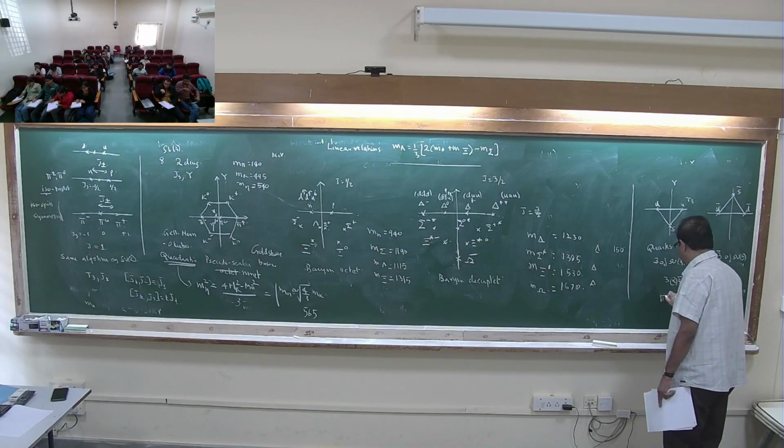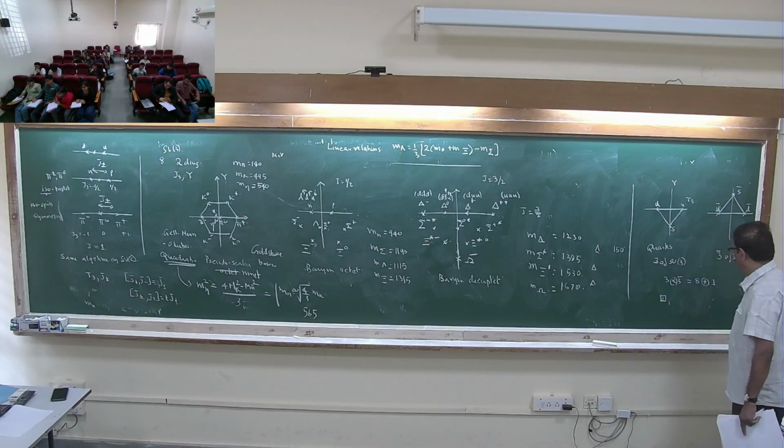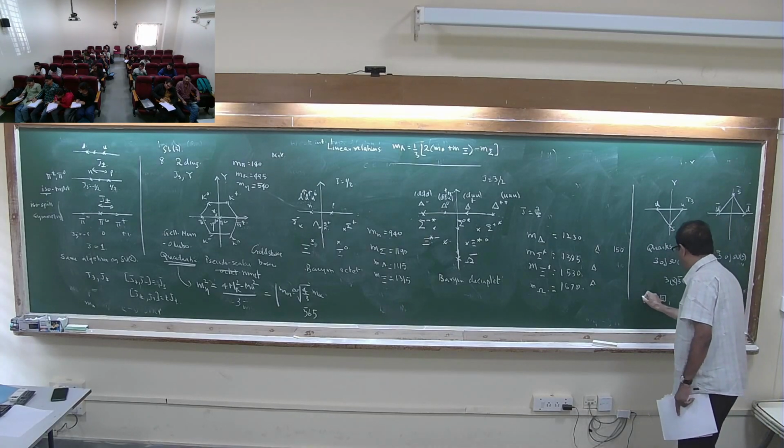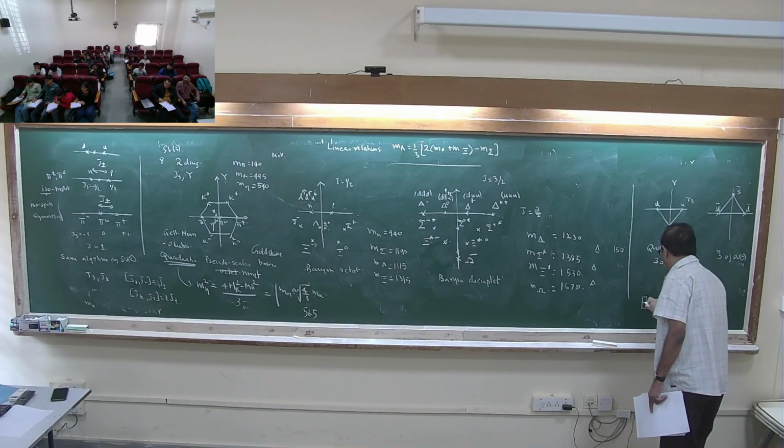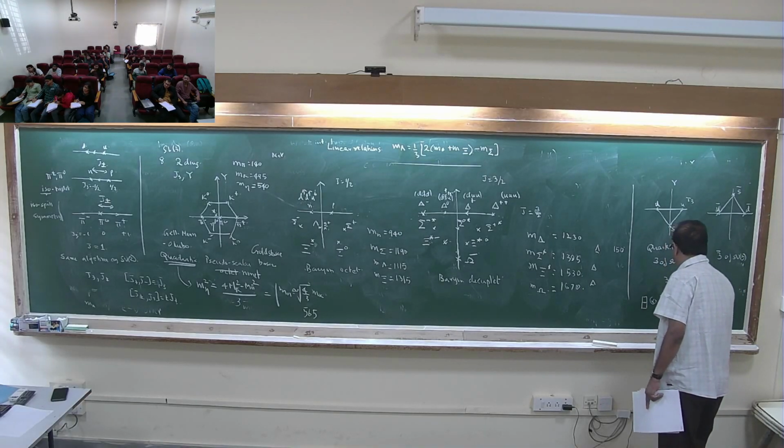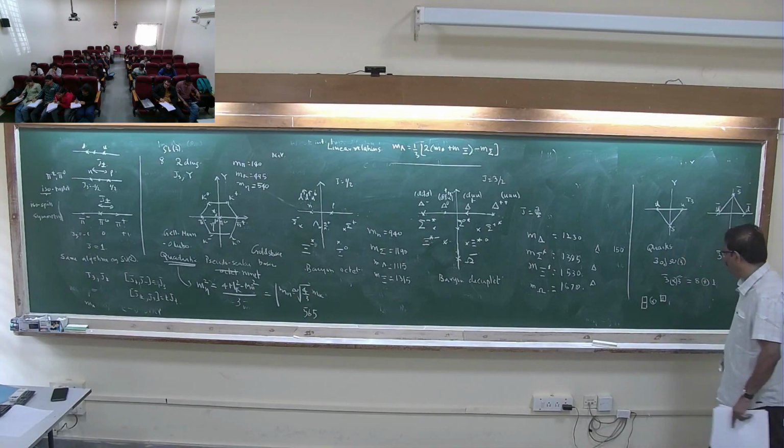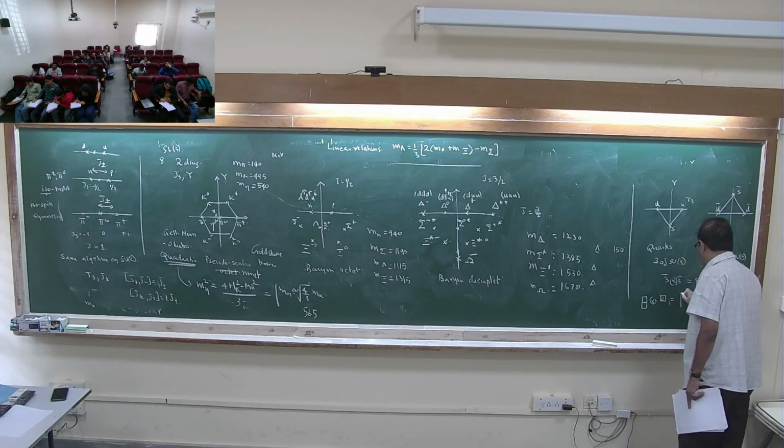So this is a three-dimensional representation, and this is a three-bar representation. So let me write 3 bar times 3, with boxes like this: 1, 2, 3.